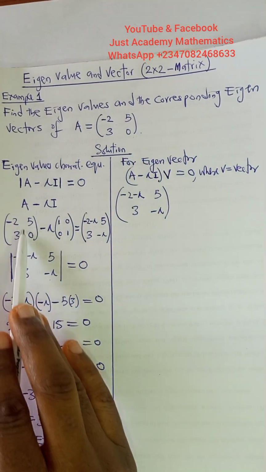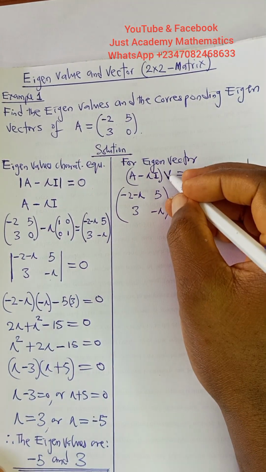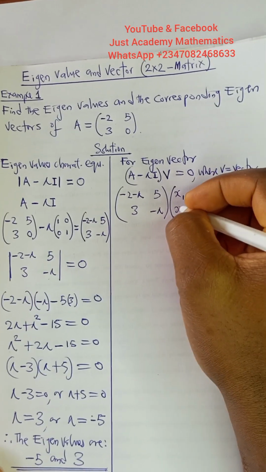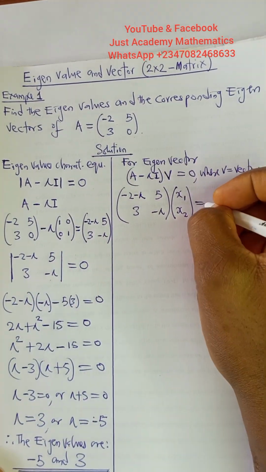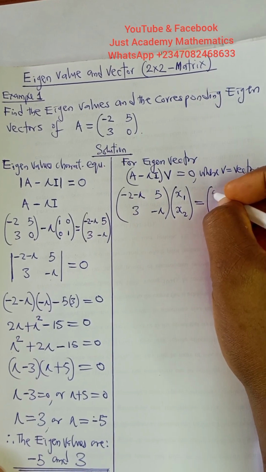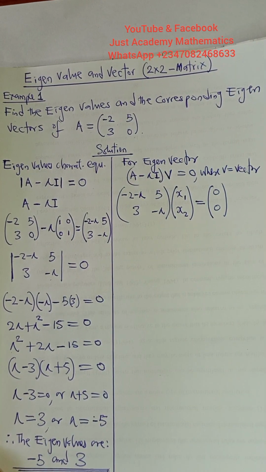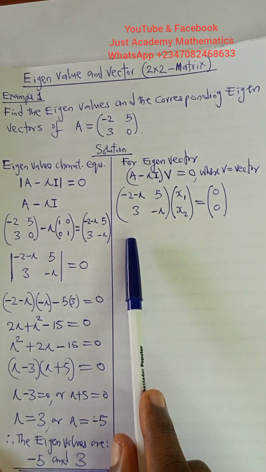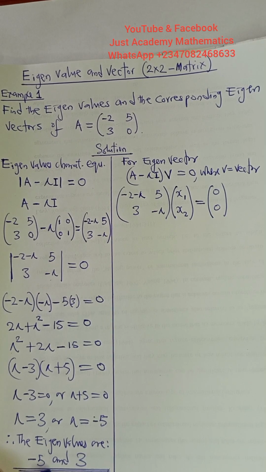We have solved for it before, and we got it here. Now, let the vector be x1 and x2, equal to 0, and 0 can be represented in matrix form like this. Are you seeing it now? So our work now is to find the vector for each of the values.